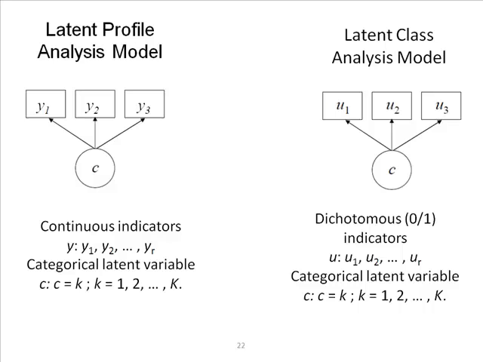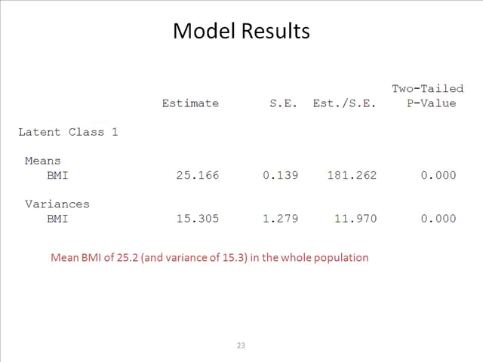So that's the only difference between all these different terms for models. They're highly similar, and in fitting them in modeling packages, you get very similar looking terms in the outcomes.